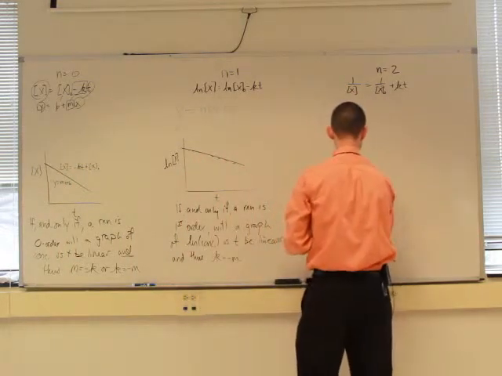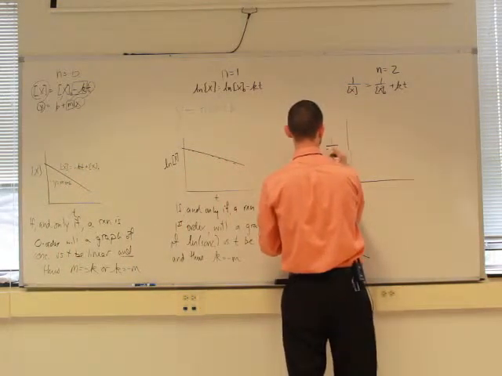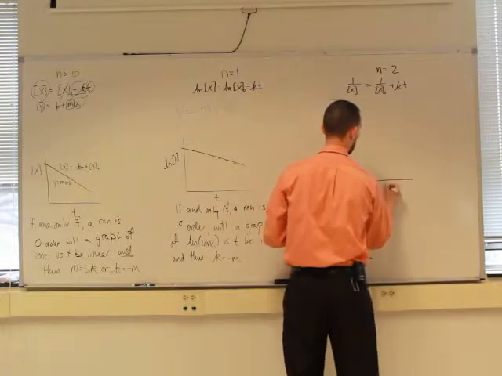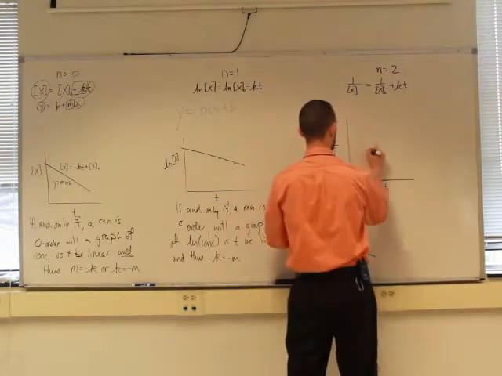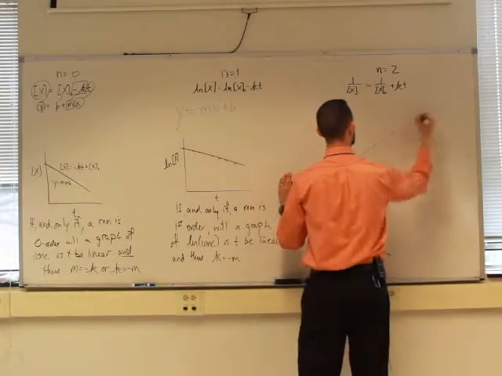Lastly, for a second order reaction, 1 over concentration would be plotted versus time. This one would go upwards.